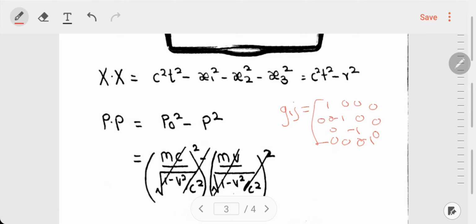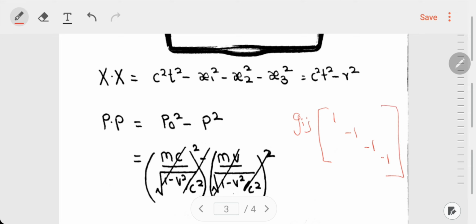So this was the metric. It's a 4 cross 4 matrix, and just remember that the diagonal elements are these and the other elements are 0.